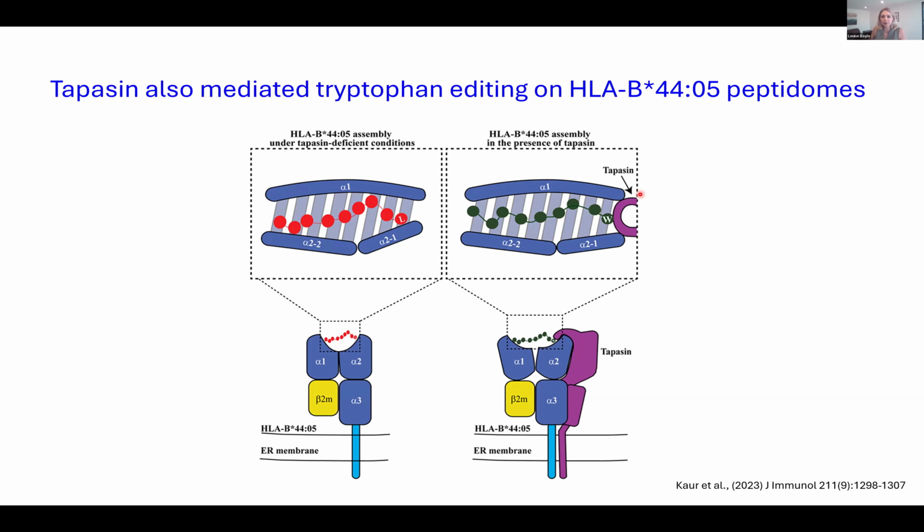However, due to the extreme dependency of B4402 for tapasin, Malini was unable to draw any conclusions about how tapasin was shaping the B4402 immunopeptidome.